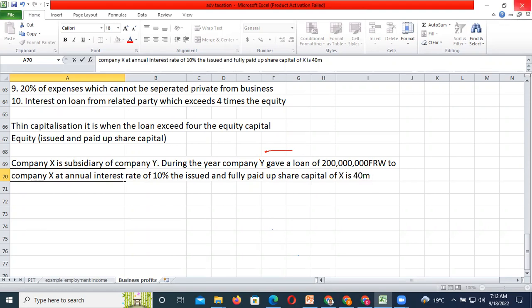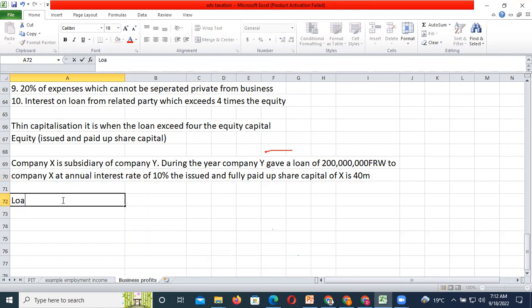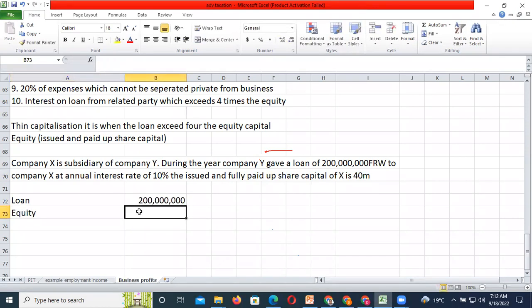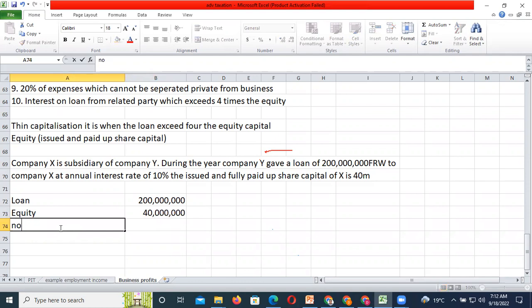So if you look at this one, the loan is 200 million, and our equity is 40. So automatically, how many times is the loan?